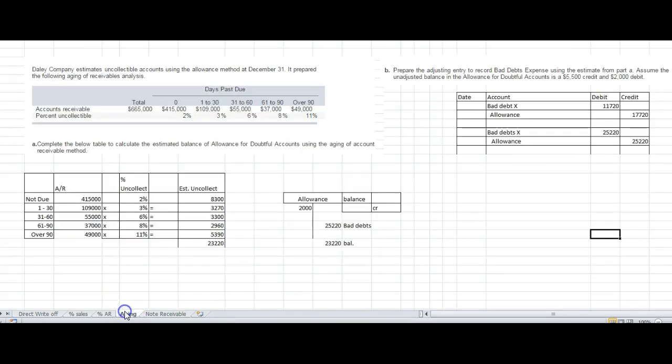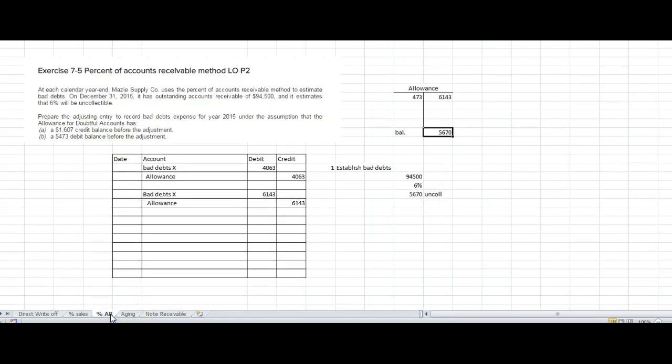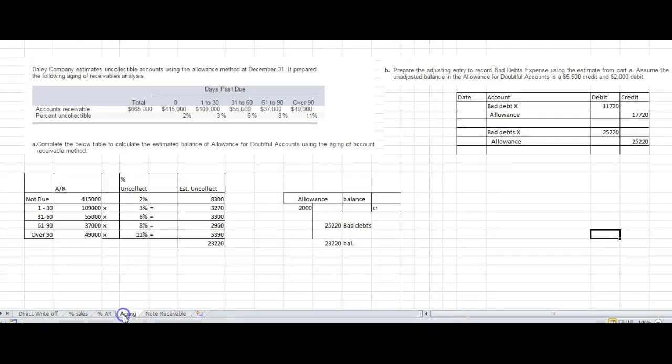The calculation for the bad debts becomes the balance for the allowance. The same thing with the aging. The aging is just identical to the percent of accounts receivable, except you're breaking it down per days past due, to get a better reflection.